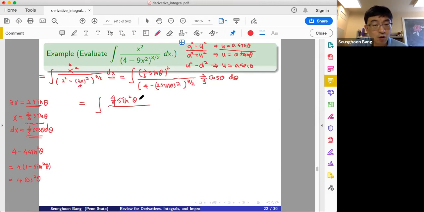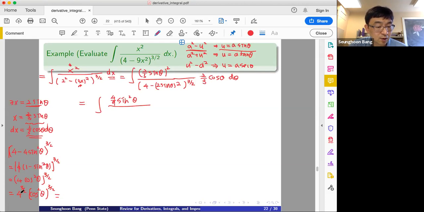So what's like a power 3 over 2? You can take the power. This is a whole power 3 over 2. So this is 4 to the 3 over 2 times cosine squared of theta to the power 3 over 2.